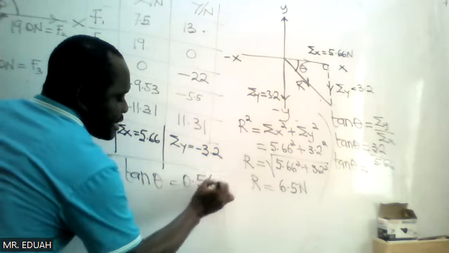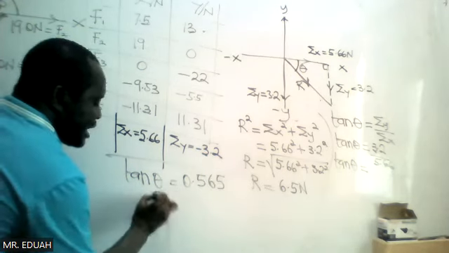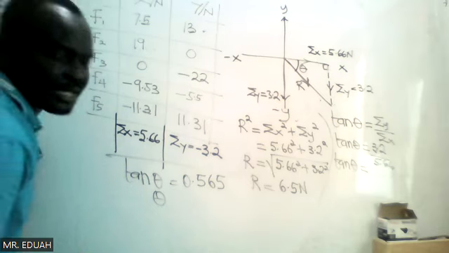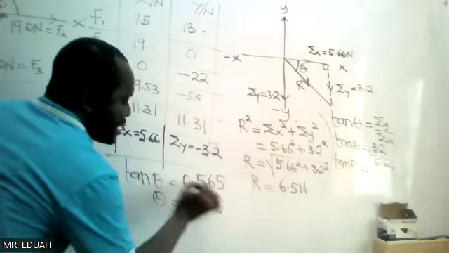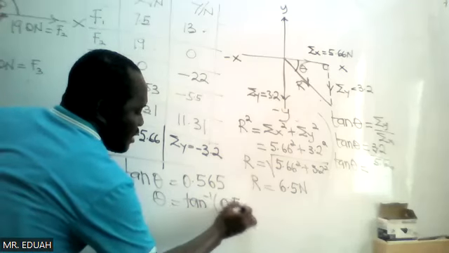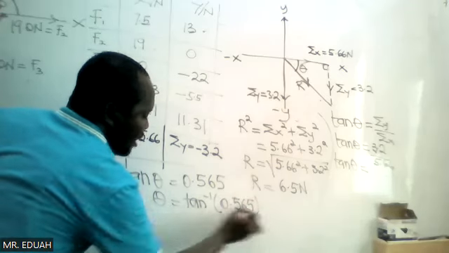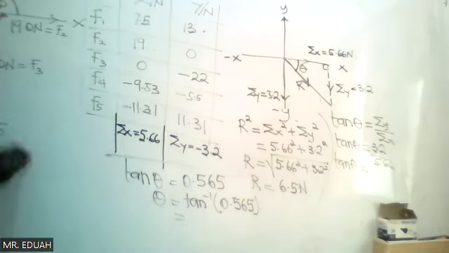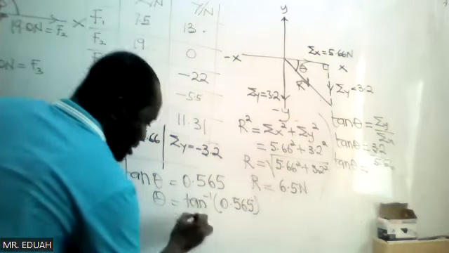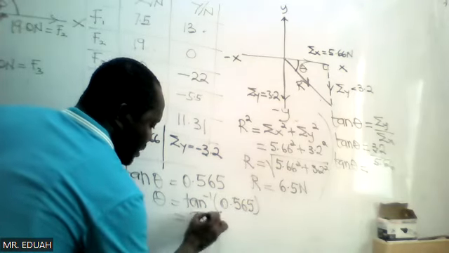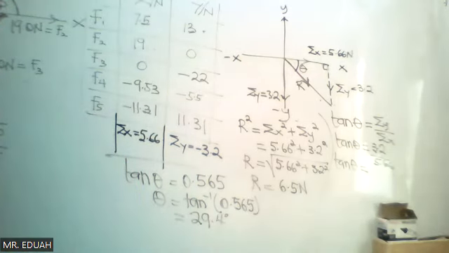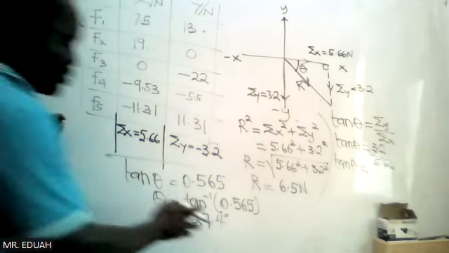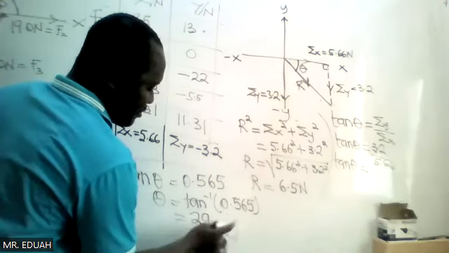But theta will be the tan inverse of this decimal value. So do that for me. 29.4. Good. Okay. So 29.5 degrees.